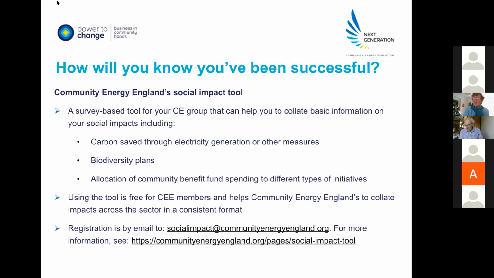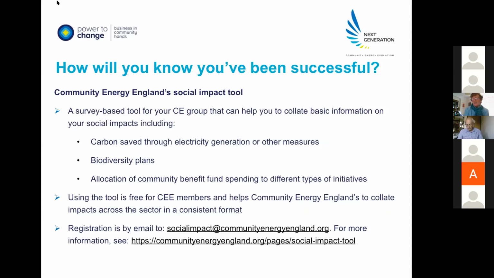So for instance, you'll have the kilowatt hour information from your solar assets through Bright. If you want to convert that to carbon, and do it in a way that's consistent with other groups in England, the Community Energy England social impact tool will help you to do that.